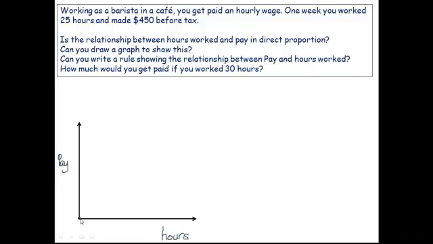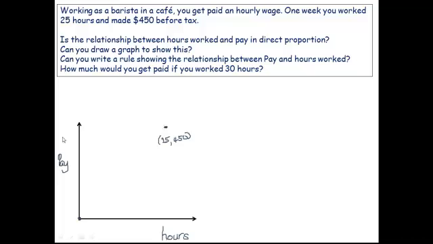We know, first of all, that 0 hours means we get $0, and 25 hours means we get $450. I'm not going to draw to scale, I'm just going to mark in the point (25, 450). Now, can we write a rule showing the relationship between the pay and the hours worked?